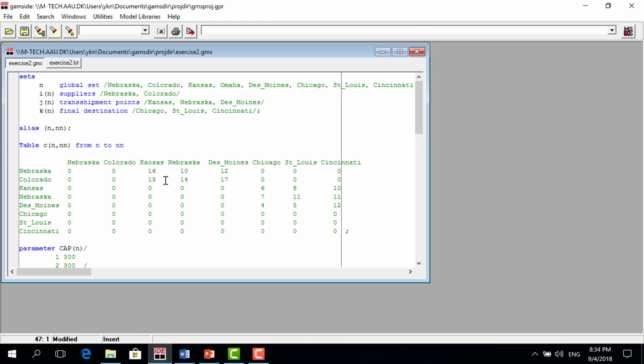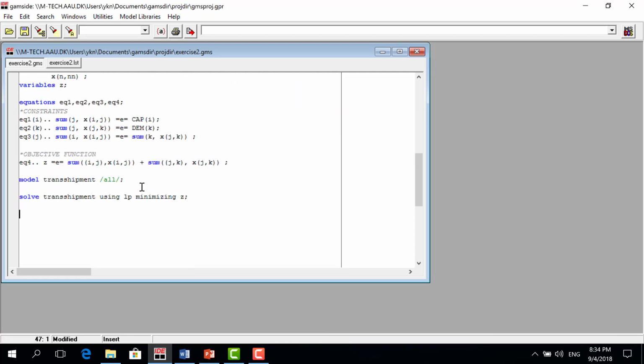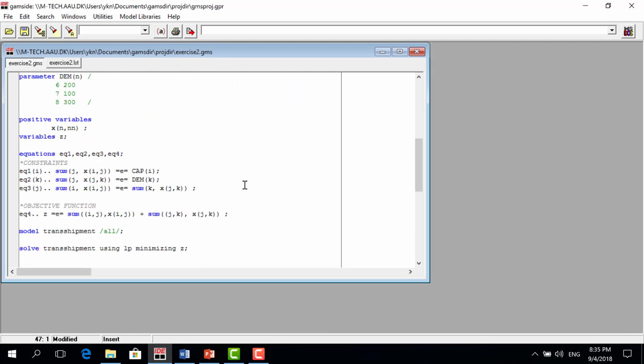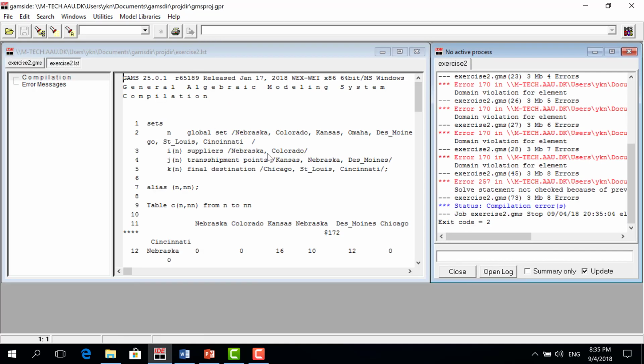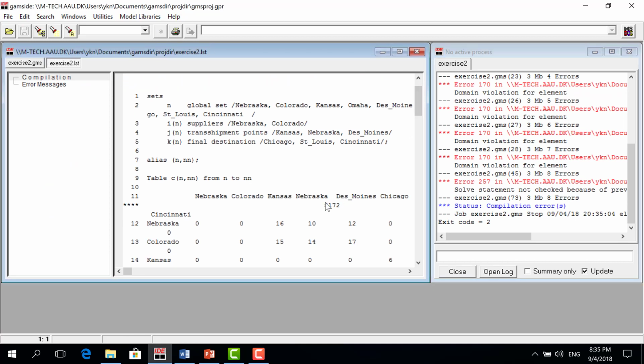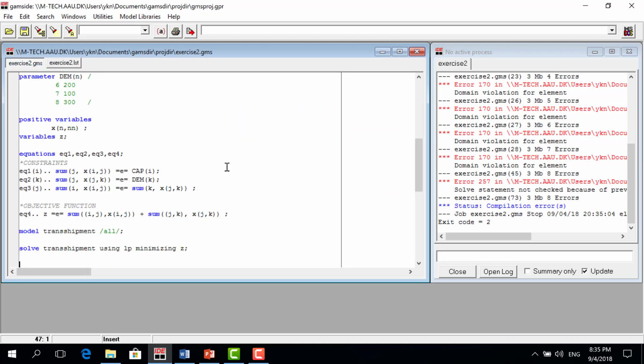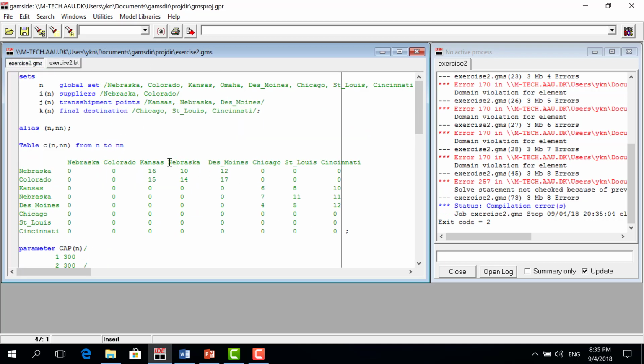All right, now we have completed our model, and the remaining task is just to run it. Wow, we have so many errors here. What is the error? Oh yeah, we have a double Nebraska, and therefore we have to change it a little bit.